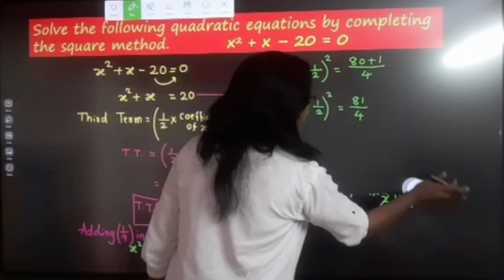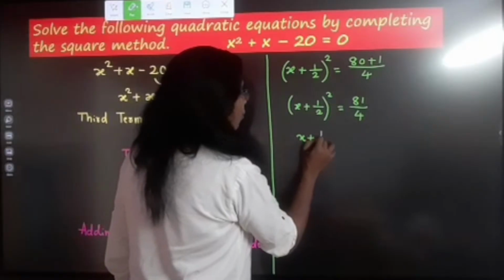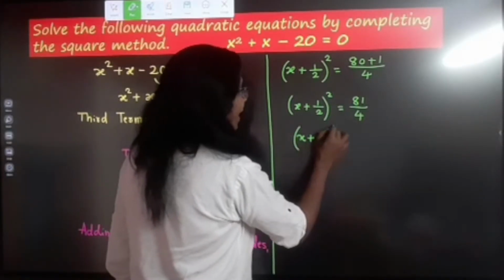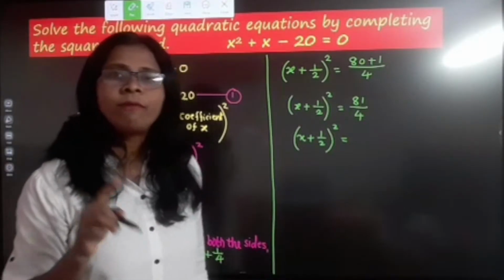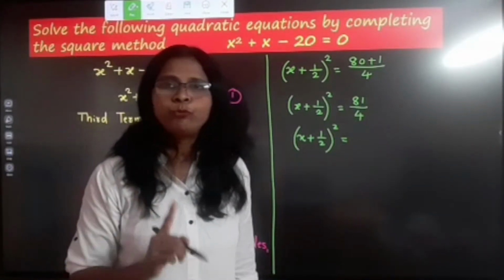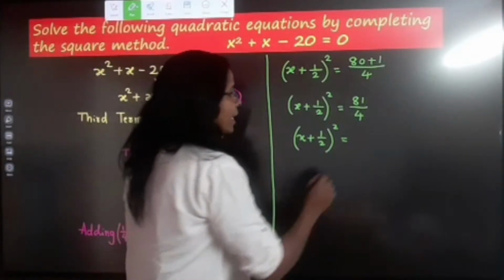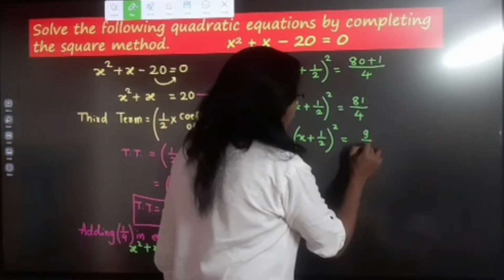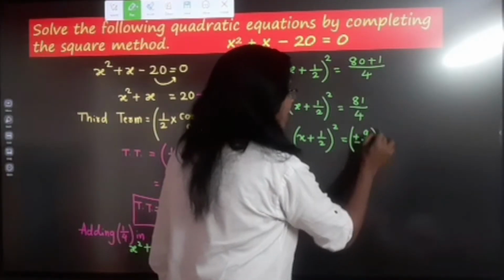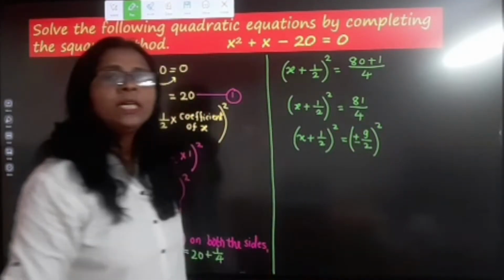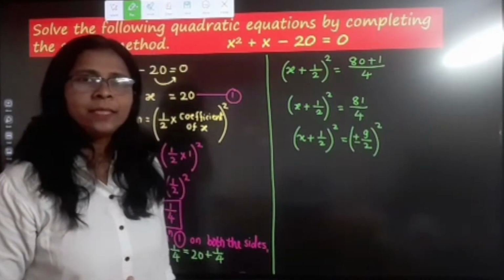So now (x plus 1 upon 2) whole square is equal to 81, which is the square of 9, and 4 is the square of 2. So I write 9 upon 2, and 81 upon 4 is the square of both positive and negative 9 upon 2.